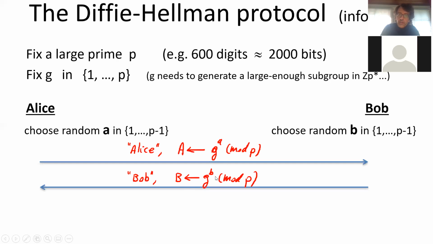Bob does the same. He takes a random exponent b and he generates a random element in this group by taking the base to the exponent little b. So it's a modular exponentiation. The key that they will create is g to the power that is a product of these two exponents, a times b.